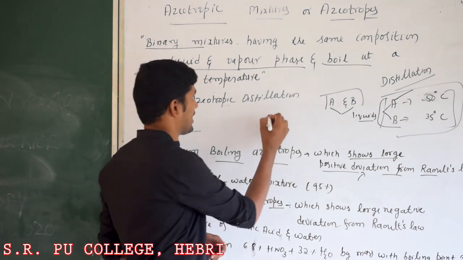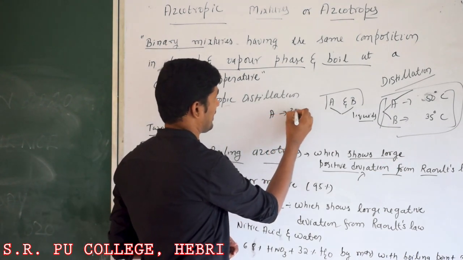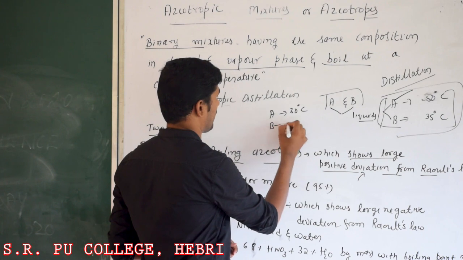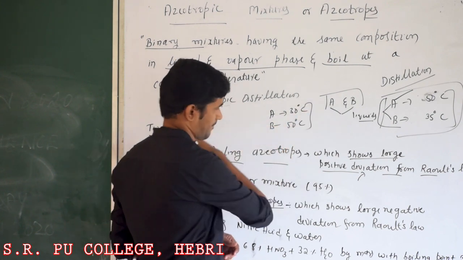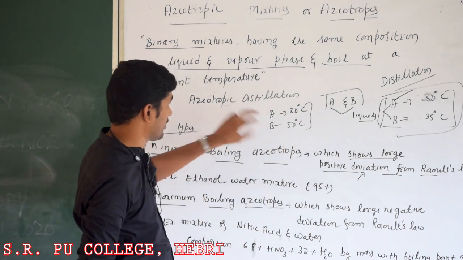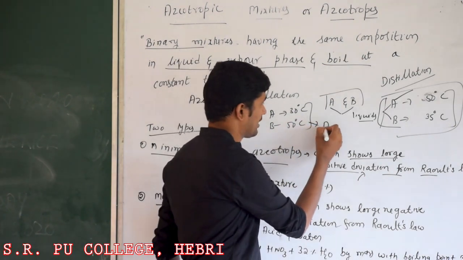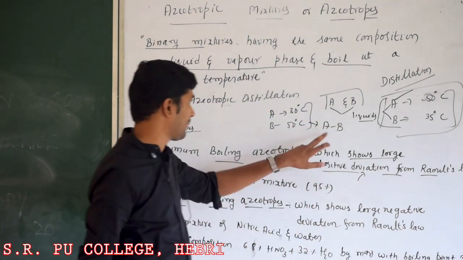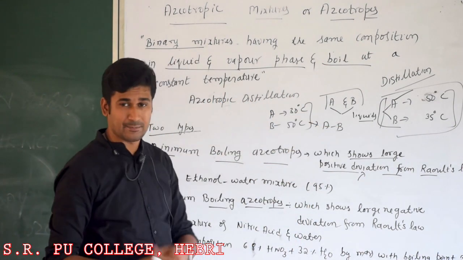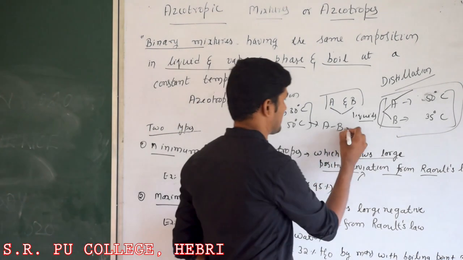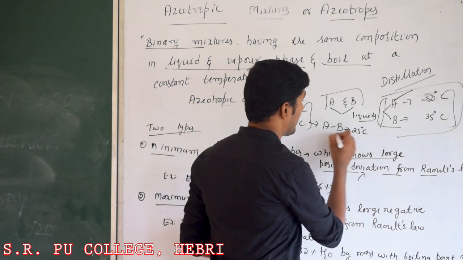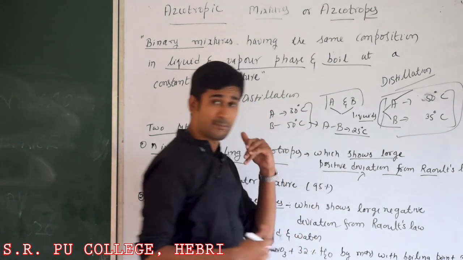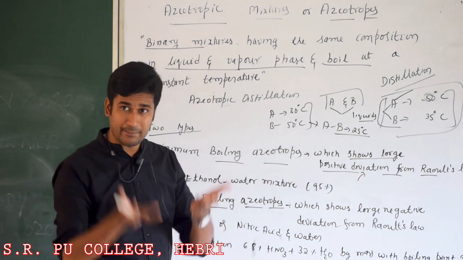For example, if component A boils at 30 degrees Celsius and component B boils at 50 degrees Celsius, when you mix these two it forms solution AB. Now its boiling point decreases to 25 degrees Celsius. Since it shows large positive deviation, its vapor pressure increases.